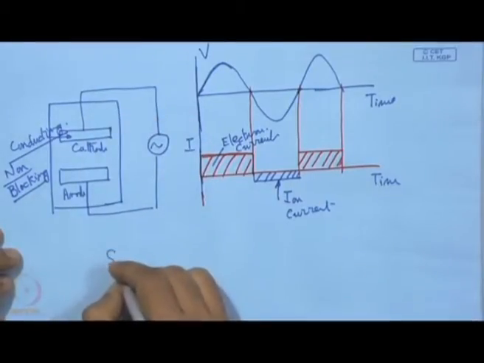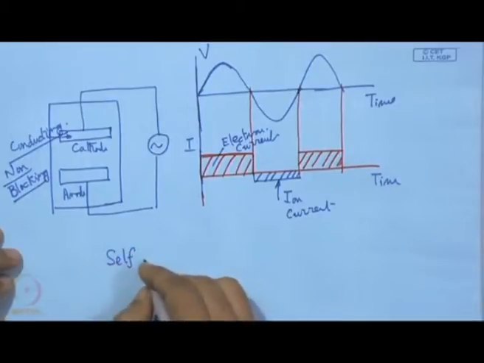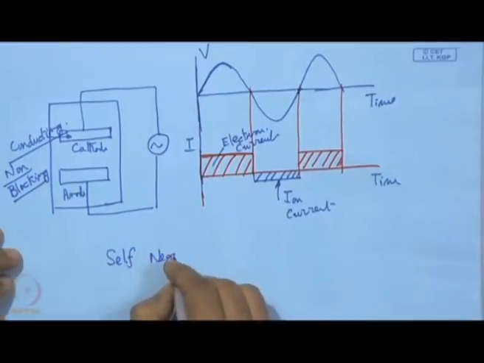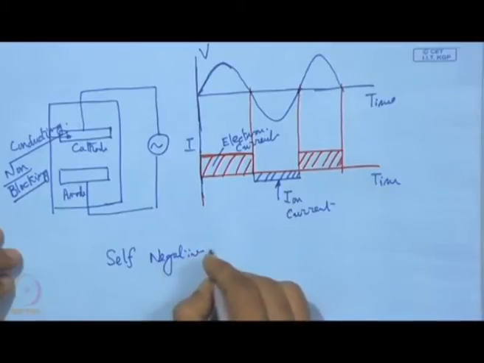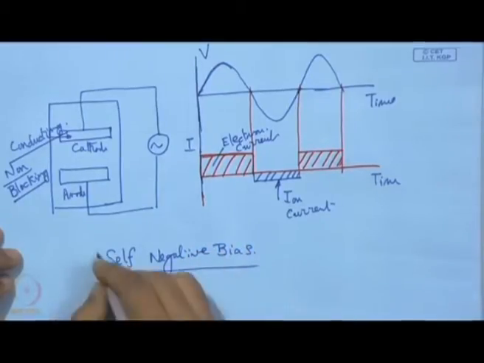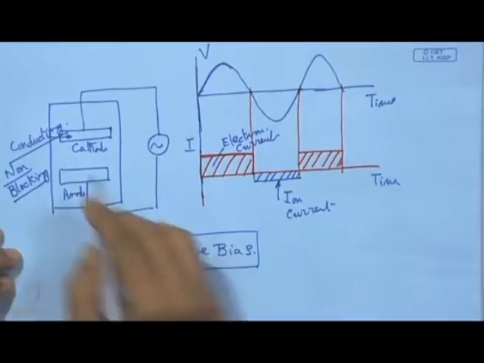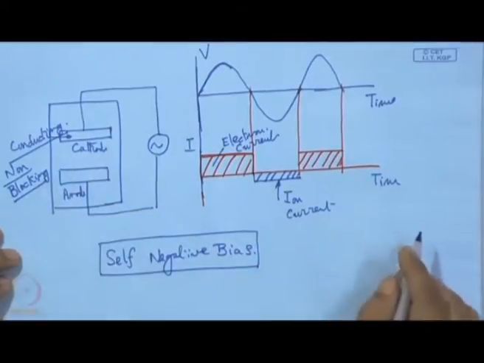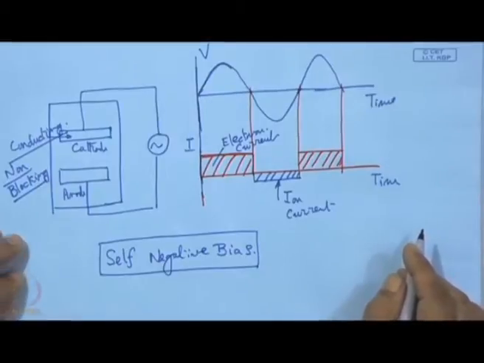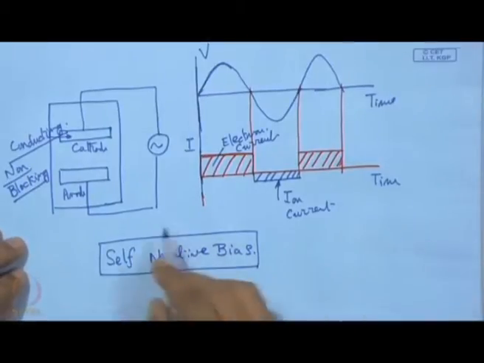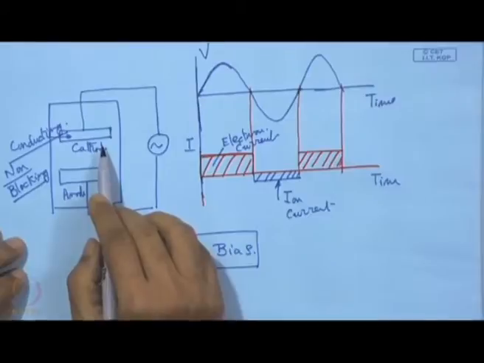That means a self negative bias on the cathode surface. So, on this cathode surface a self negative bias voltage must develop.